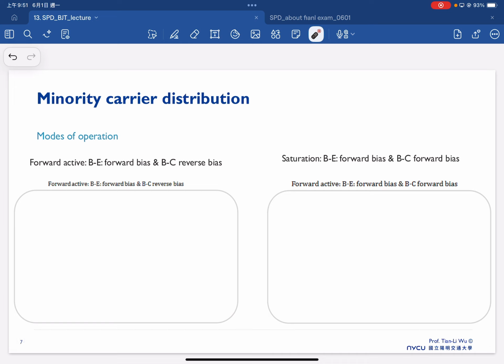As we already mentioned when we talked about the PN junction, we spent a lot of effort in the end to reach this conclusion.